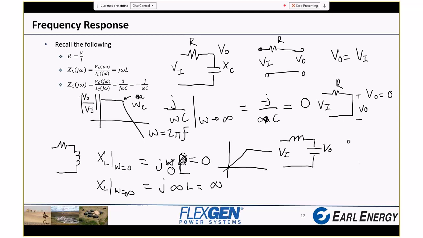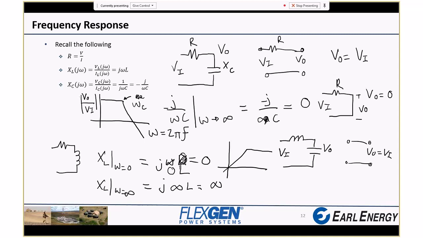So you just end up with total pass-through at low frequencies. No resistance like we see here. So V out equals V in, even if there's current flowing to a load out here.